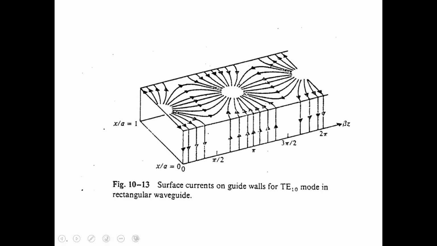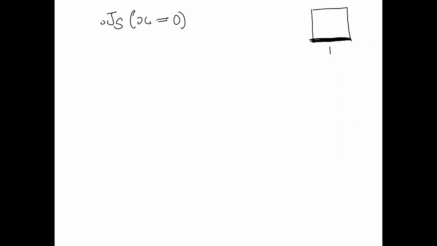The current for the wall on x is equal to 0 plate is going to be, again remember, x is equal to 0 plate is a plate here, this plate over here, and the normal component is pointing outwards.